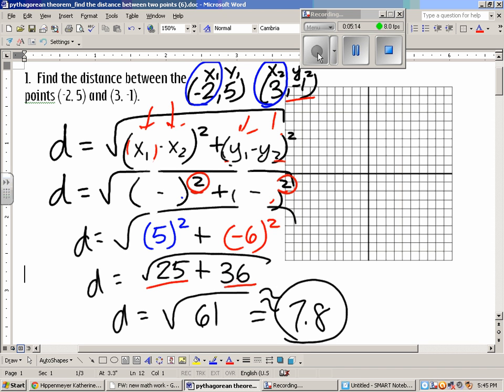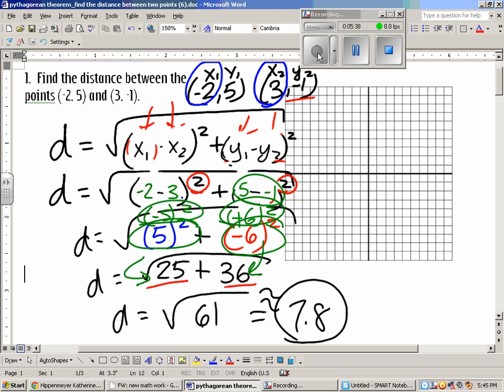So we have x1 was -2, x2 was 3, and y1 was 5, y2 was -1. 5 minus -1 is actually +6, and -2 minus 3 is -5. But no matter if you have -5 squared or 5 squared, you still get 25. It doesn't matter if you have 6 squared or -6 squared, you'll still get 36. So it does not matter. And I'll do another example in the next video.